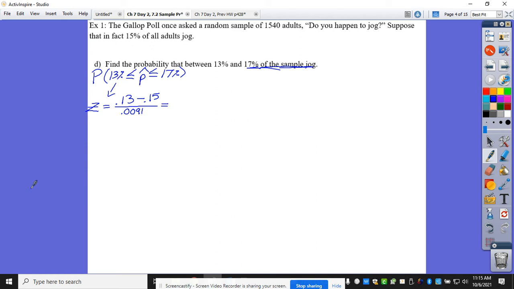And what does that give you? -2.197. And this is a z-score, so using our table, we always round the z-score to how many? 2. The z-table only has 2 decimals. So it rounds to negative 2.20.